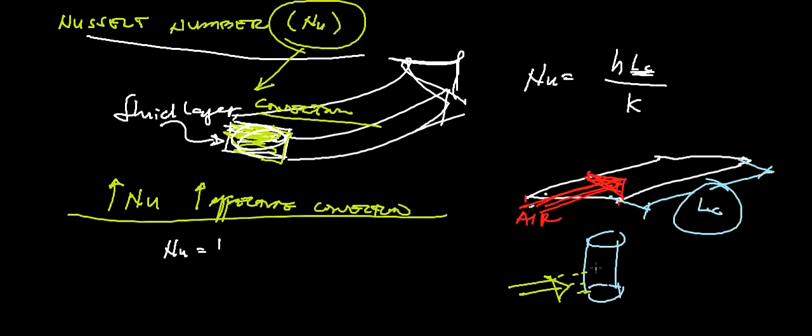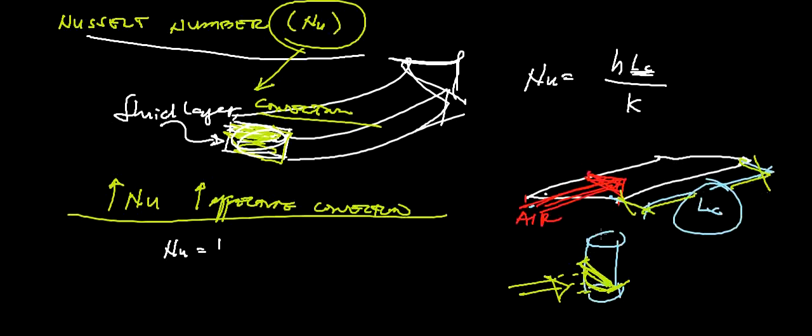The characteristic length here is this part. Again, for the plate and the airflow, the characteristic length is this.